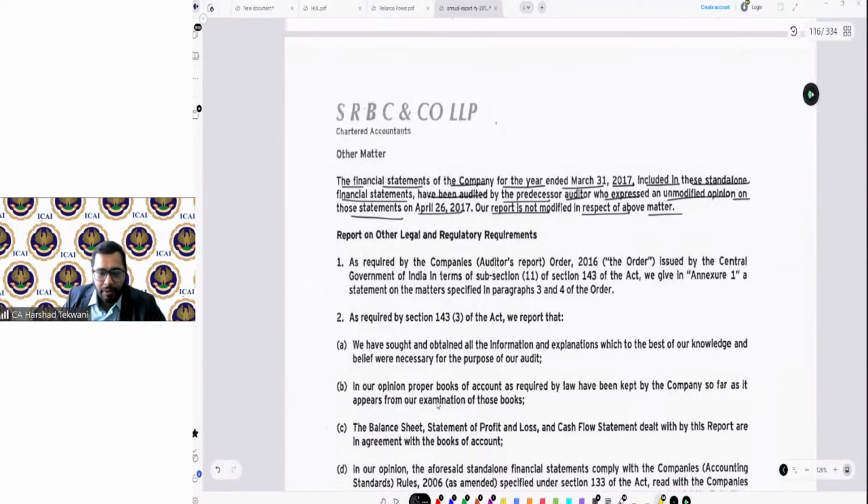So these three things: that they have been audited by the predecessor auditor, number one; who issued an unmodified opinion, number two; on this particular date, number three. All three will be included in the other matter paragraph as per SA 710 plus SA 706.